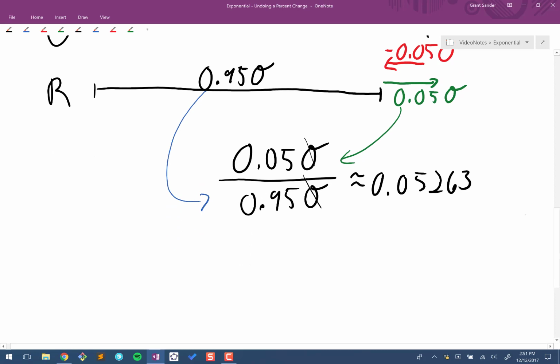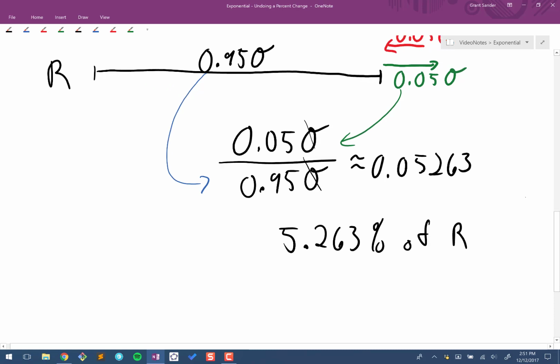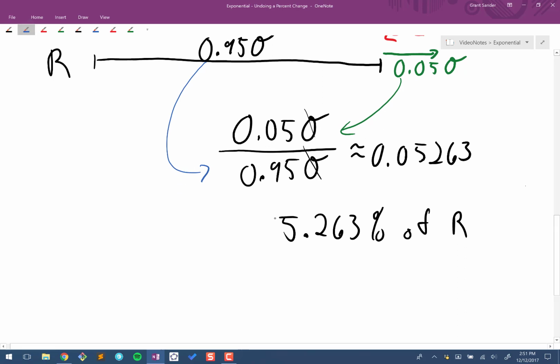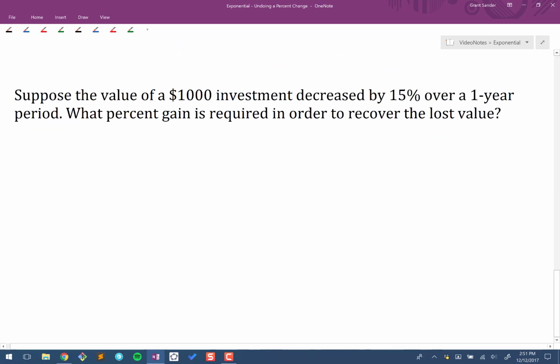And therefore, that change in salary is about 5.263% of the reduced salary R. And therefore, the percent raise we must ask for is this 5.263%.